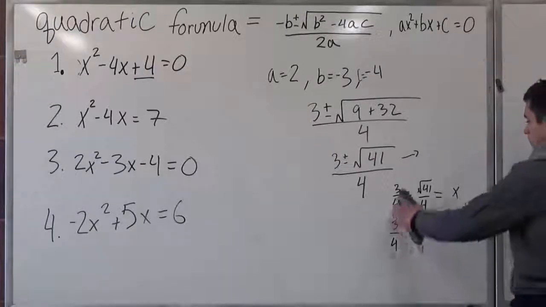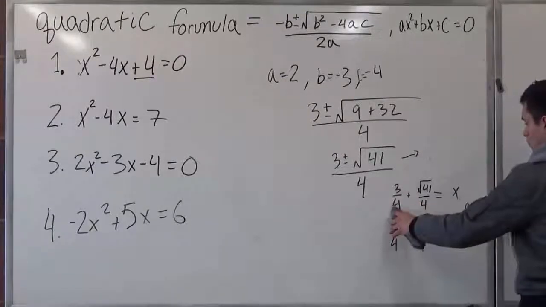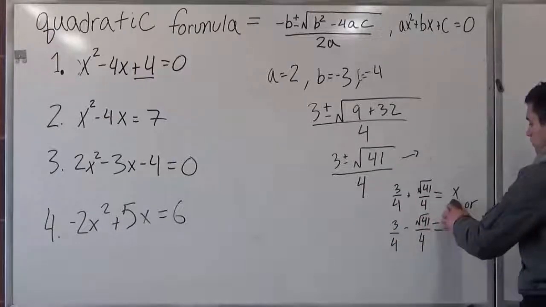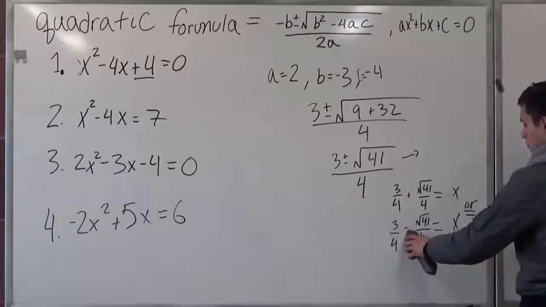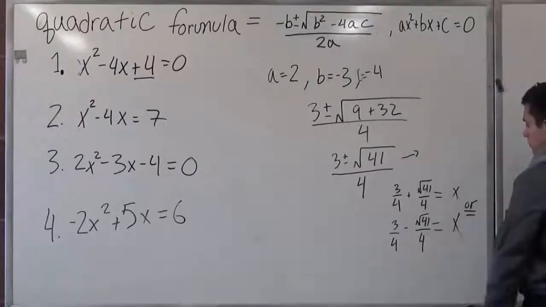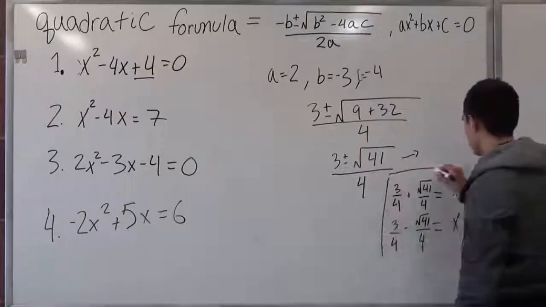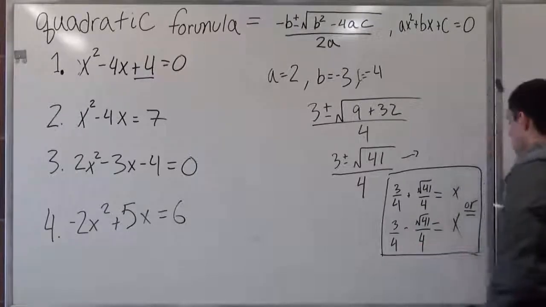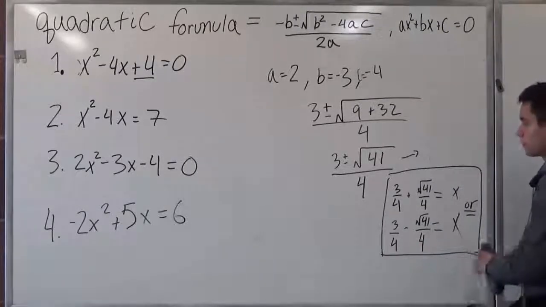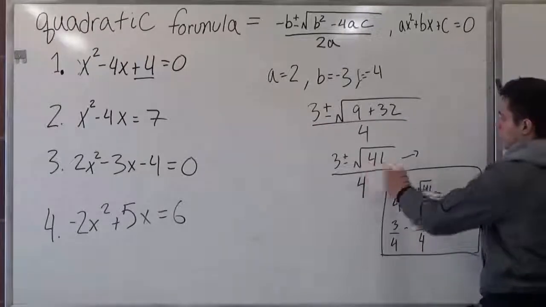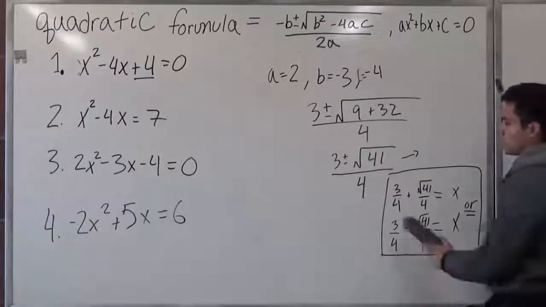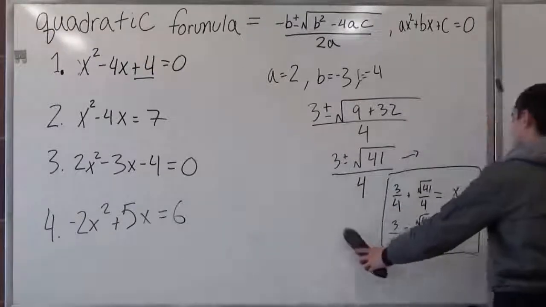The answer could be 3 over 4 plus radical 41 over 4 is equal to x, or 3 over 4 minus radical 41 divided by 4. So let's always keep in mind that this radical can always be simplified, but in this case it can't. So now let's move on to number 4.